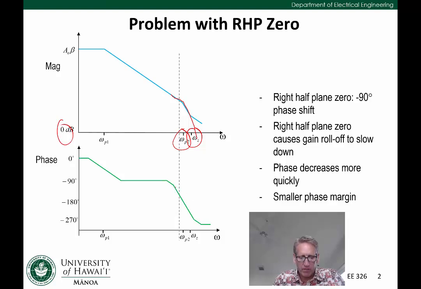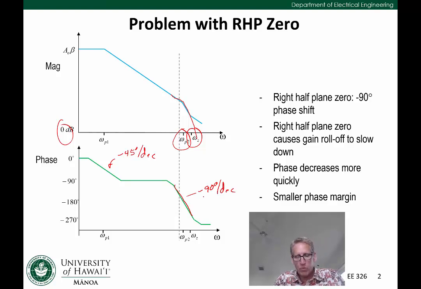Conversely, the phase actually rolls off faster because of the 90-degree phase shift associated with omega z and omega p2. In this region here, we're going down at minus 90 degrees per decade, whereas if it were just one pole, we'd be going down at minus 45 degrees per decade.